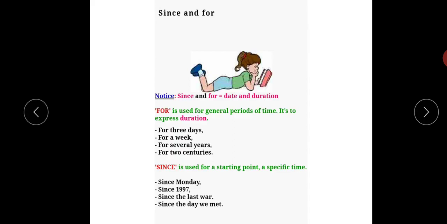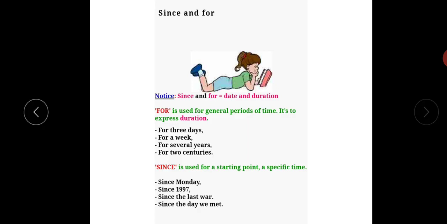You understand? From a particular point in the past until now. That is since. And what is for again? We use for with a period of time. That is, we use it when you are talking about an amount of time or how long something happens. So it is used to express duration.